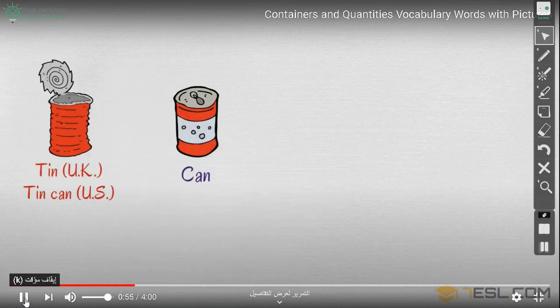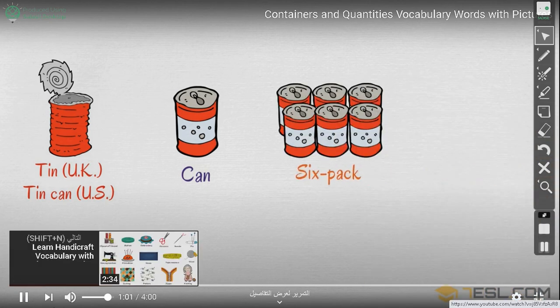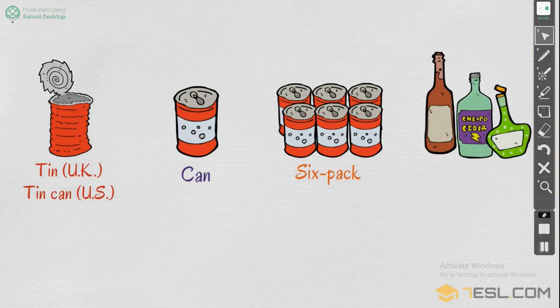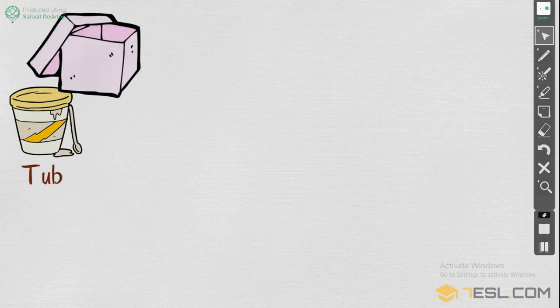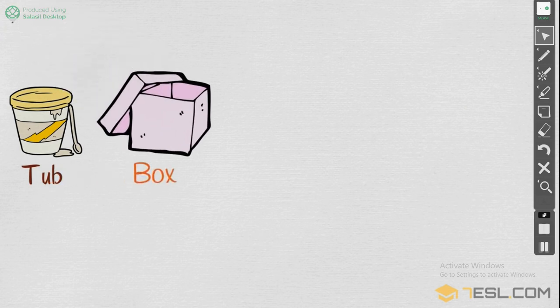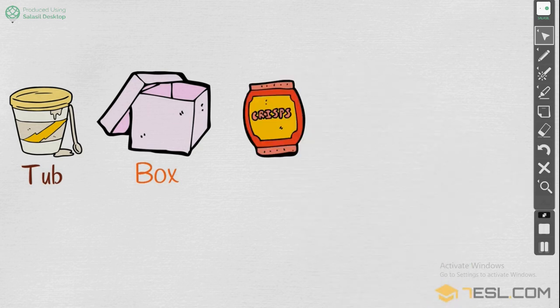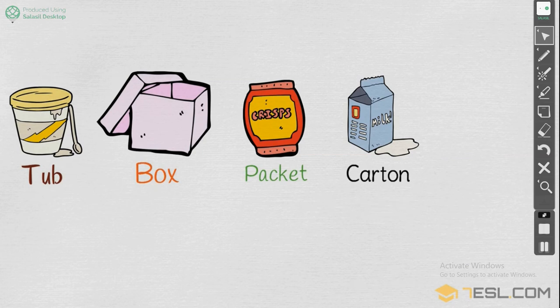Tin, UK; tin can in the US. Six-pack. Bottles. Tub. Box. Packet. Carton.